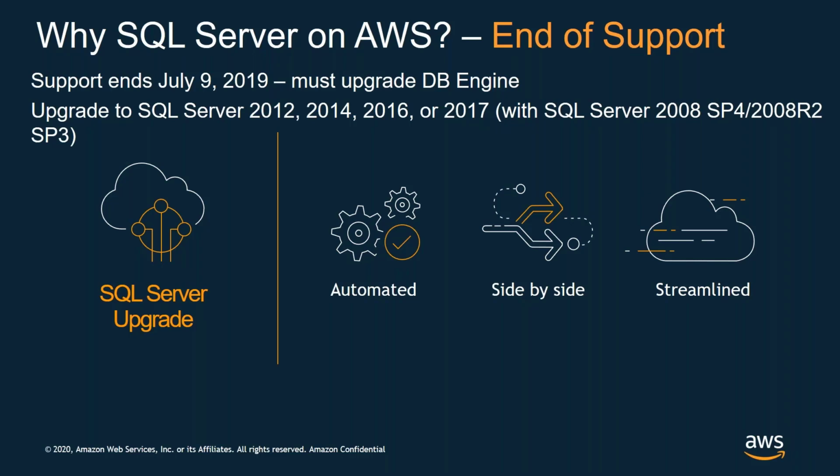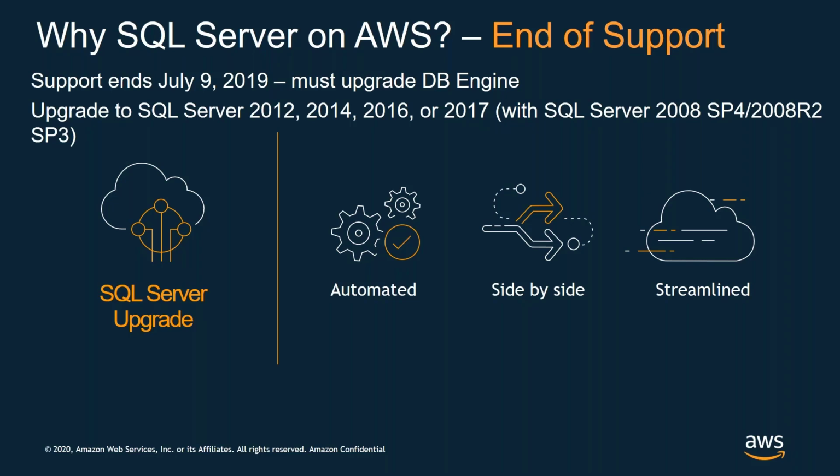So as part of the AWS platform, we provide the SQL Server upgrade tool, which is an automated tool. You can initiate the process with one click, go have a cup of coffee while waiting, and complete the upgrade. It's pretty simple. The entire process is pre-scripted, which is key. And it's a non-disruptive process with side-by-side deployments.